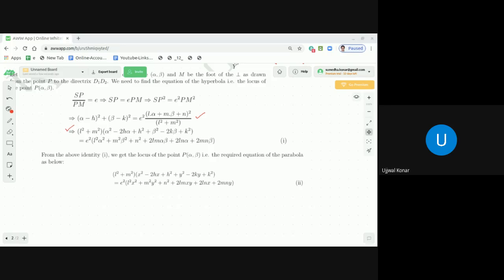The condition for it to represent a hyperbola is that delta, the determinant, should not be equal to 0 and h square is greater than ab. Let me show you this with respect to the general equation of second degree, and here goes the statement.